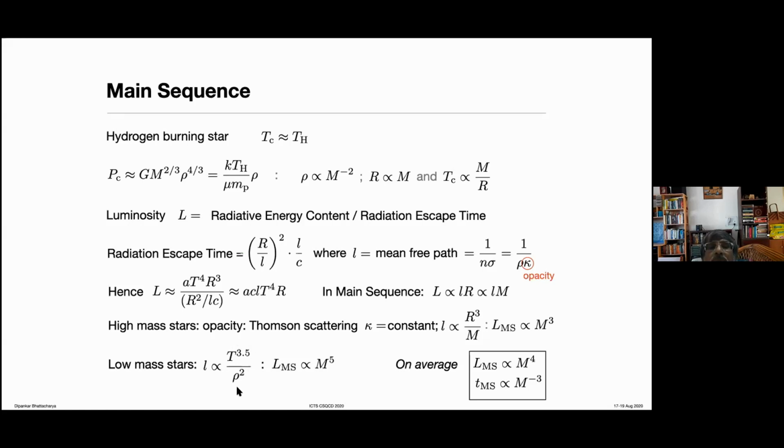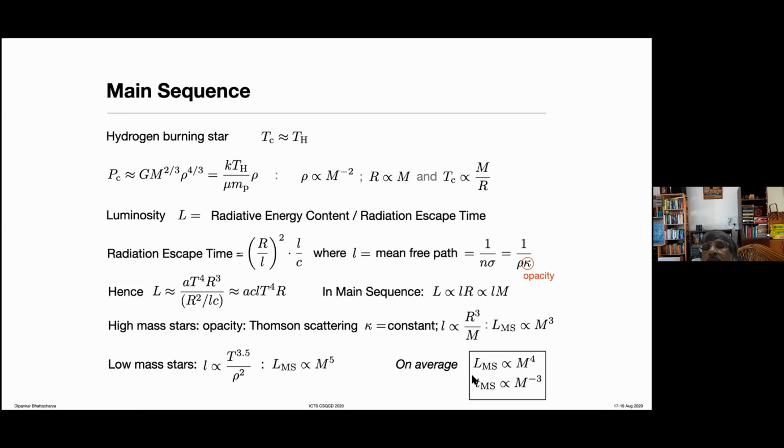So that dependence gives us, when we plug it in, a main sequence luminosity which is proportional to mass to the power of 5. But on an average then, luminosity is roughly proportional to mass to the power of 4 in the main sequence.